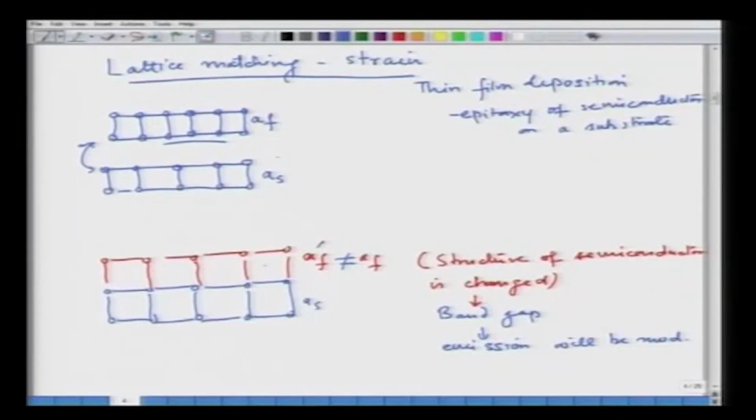This particular film is under tensile stress, and because of that a new structure is developed which is also referred to as a pseudomorph. This is a pseudomorph and it has a new band gap, and by this technique we can change what kind of emission we are getting from our material.